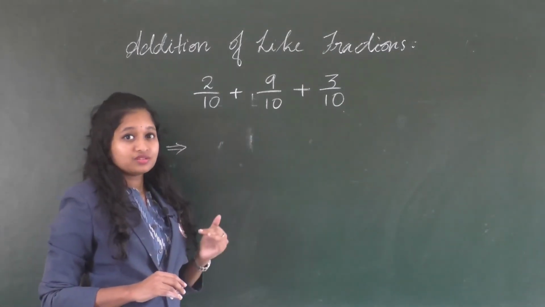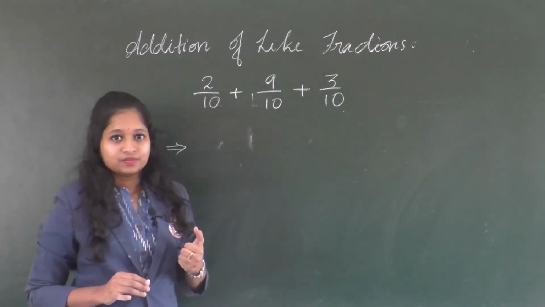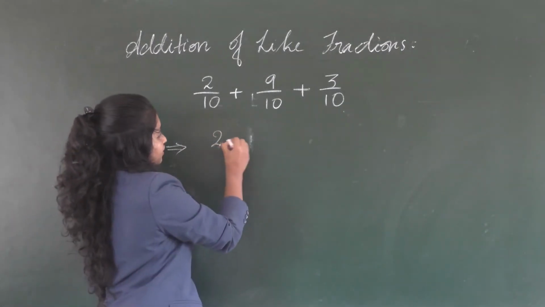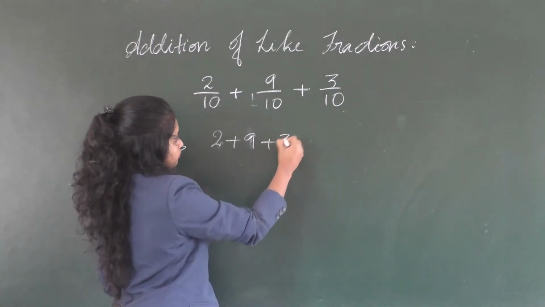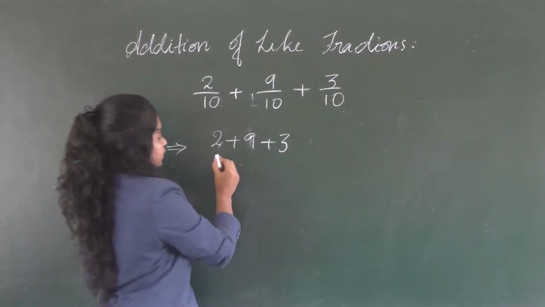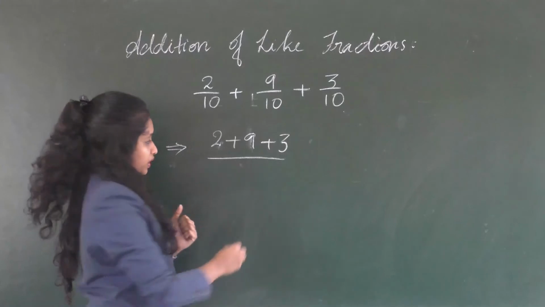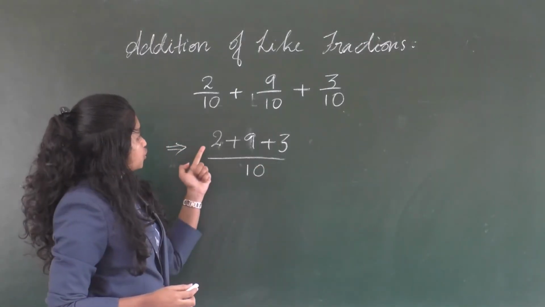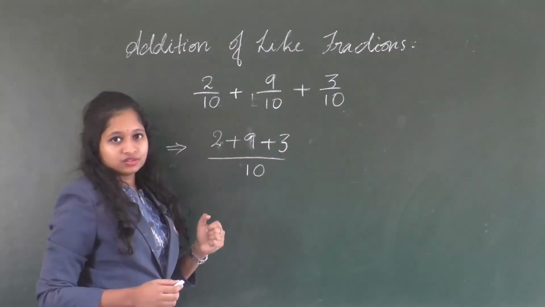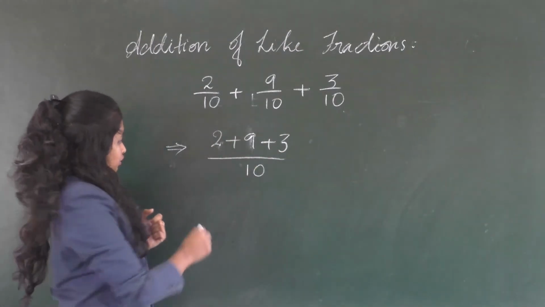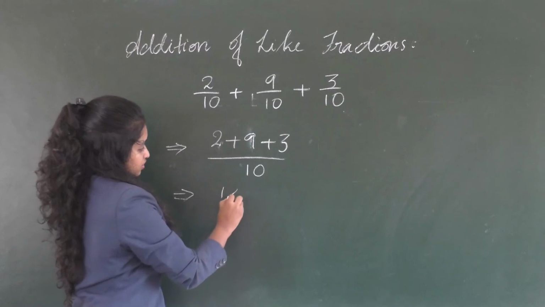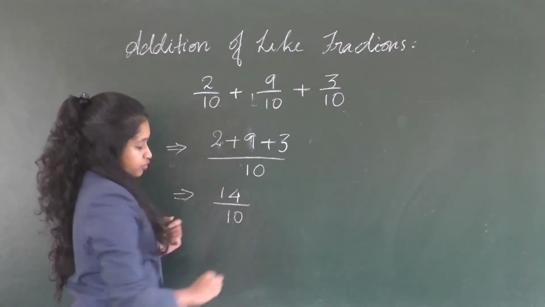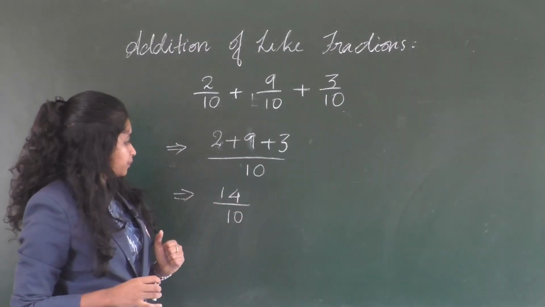Here the denominators are the same, isn't it? So add the numerators first and divide completely by 10. So 2 plus 9 plus 3 is 14, isn't it? So we get 14 by 10.